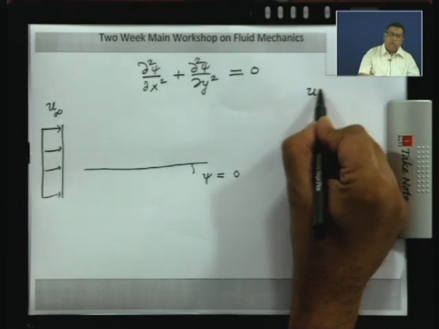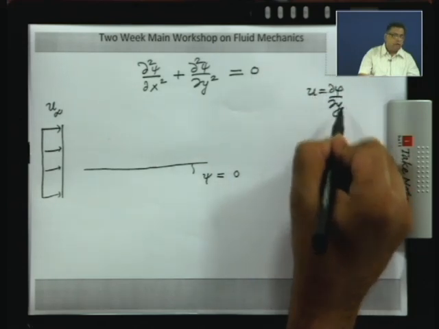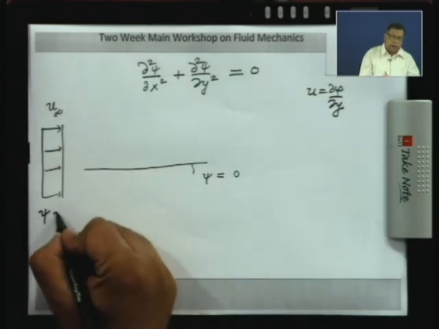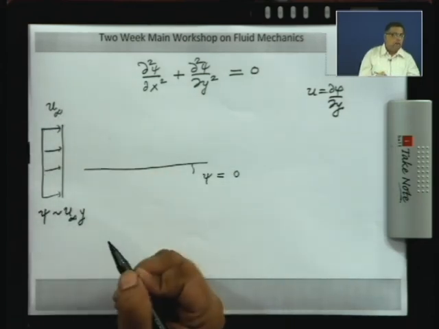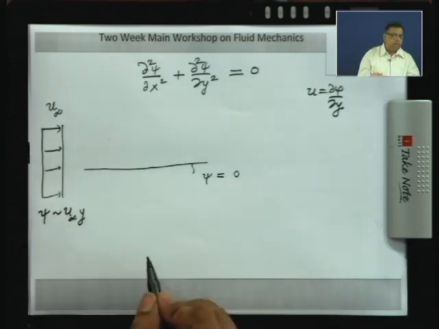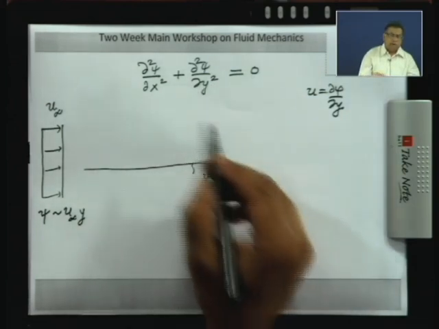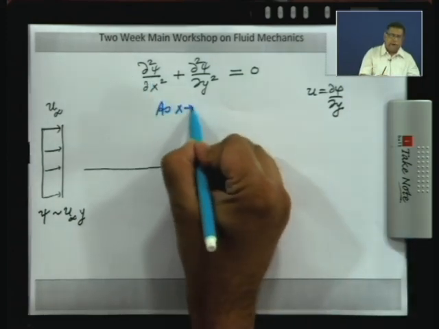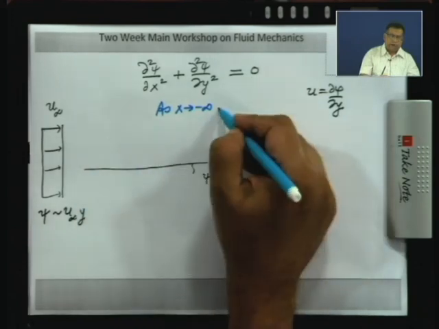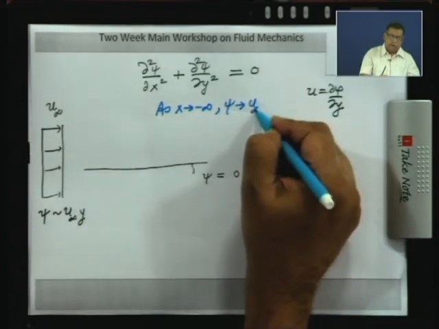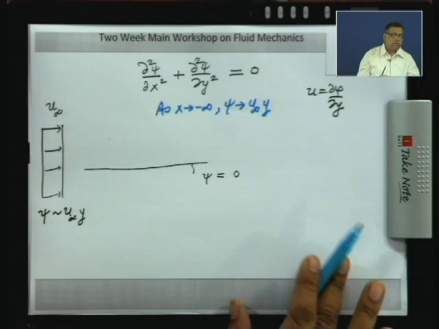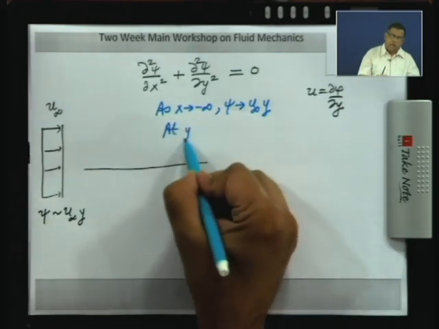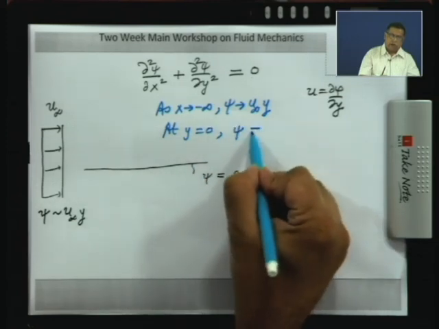Now, recall that u is del psi del y. So, if u is u infinity here, then psi will be like u infinity into y plus a constant which I am setting equal to 0. So, you want to solve this equation with the boundary conditions that as x goes to minus infinity, far upstream of the plate, psi approaches u infinity y, and at y equal to 0, psi is 0.